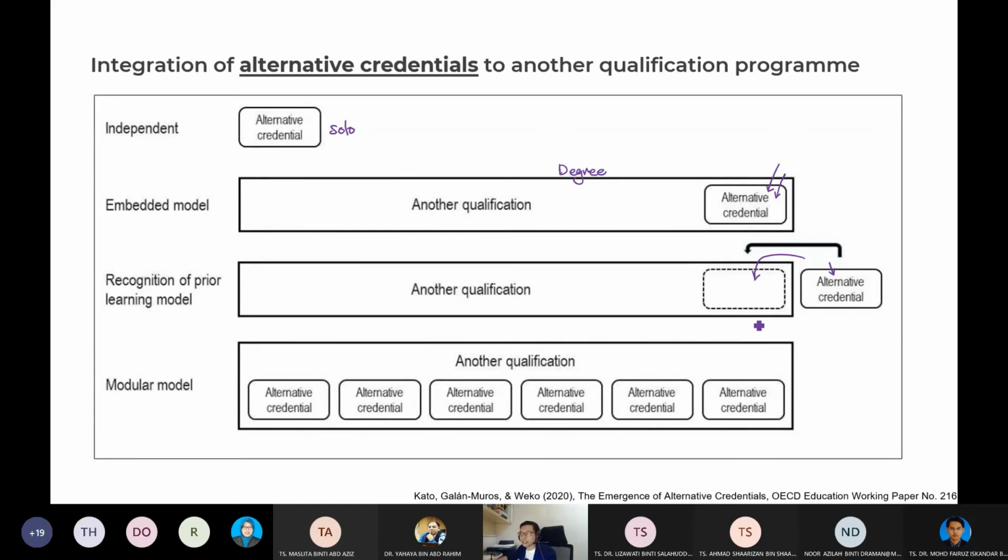Maksudnya you take that subject earlier and then hoping that, contohnya katalah, macam satu kursus engineering mathematics 1, early engineering mathematics. So they take this course and then they pass. They get some kind of credentialing from other universities. And then when they come to UTM, they say, I want to transfer. I have taken this course.